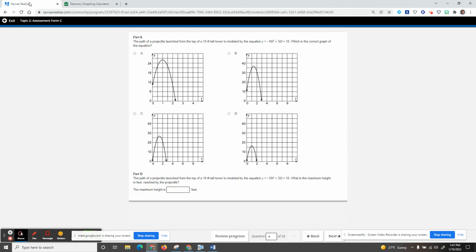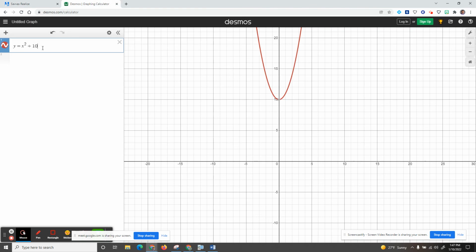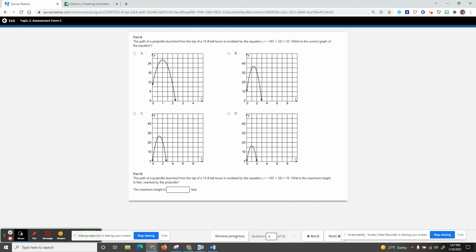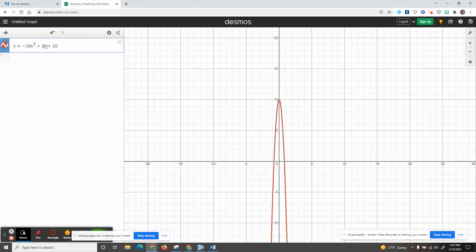So the equation was negative 16t squared plus 32t plus 10. We'll just use x on Desmos, but it means the same thing. So that should have been 32.